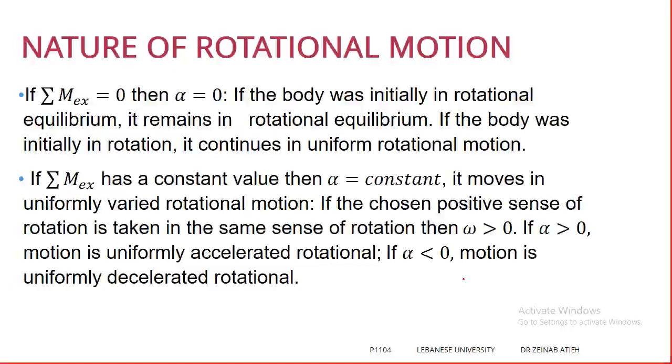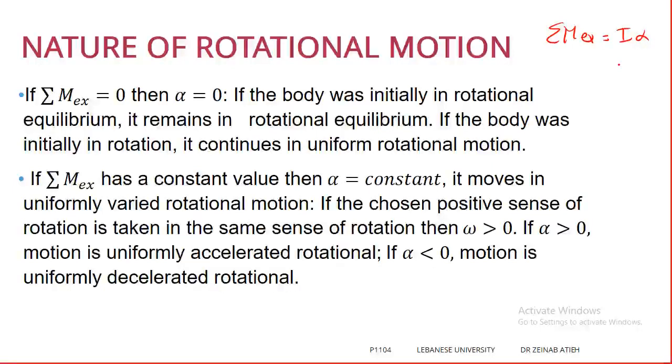Now, if I was calculating some forces or some moments, and it turned out to be 0. Remember that the sum of external moments is equal to I alpha. So if the sum of moments is 0, for sure alpha is equal to 0. So if alpha is equal to 0, that means that the body either is at rest or in uniform rotational motion if it was already in motion.